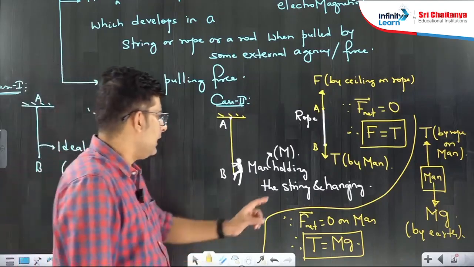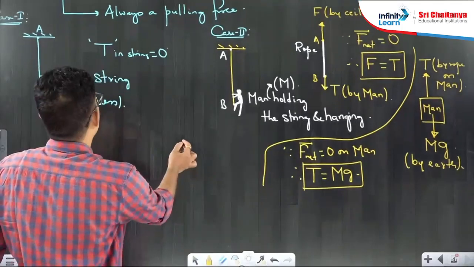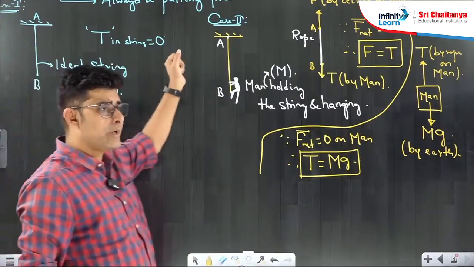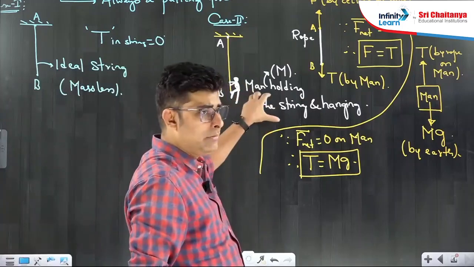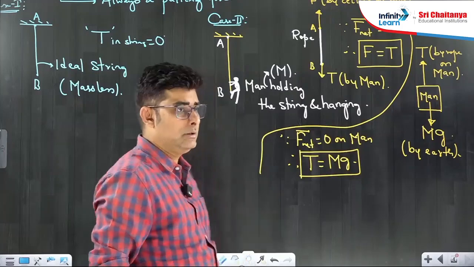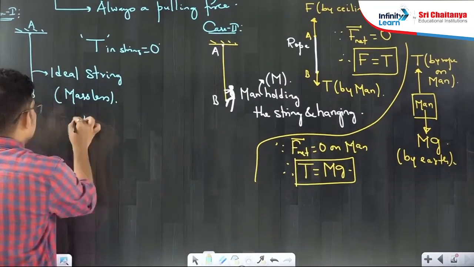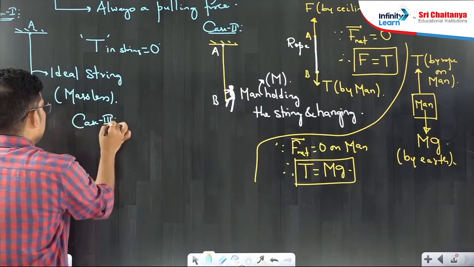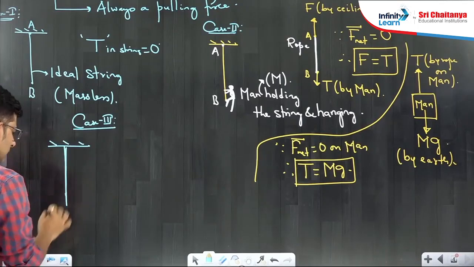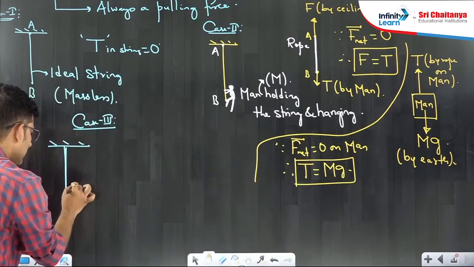One last example. Here we took the first case where we saw the string was not having any tension because no external force was acting. In this a man came, so externally he pulled down, so a tension came and its value came as mg. Now last example quickly we will see what happens if the same rope is there and the same man, but this time he is doing something different.